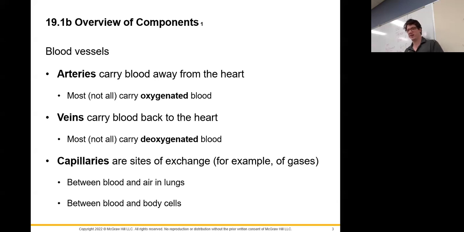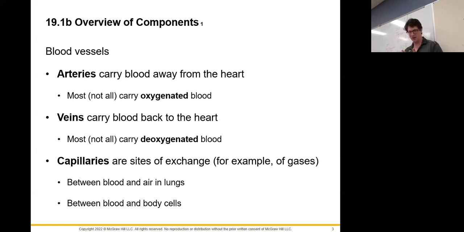So arteries are going to carry high pressure blood away from the heart. High pressure because it is going to be close to the heart. The heart will have just squeezed and thus pushed that blood. Okay. Veins are going to carry blood back to the heart. Okay. Systemic veins will carry deoxygenated blood, but pulmonary veins are going to carry oxygenated blood to the heart so that then it can get pumped out through the systemic arteries.